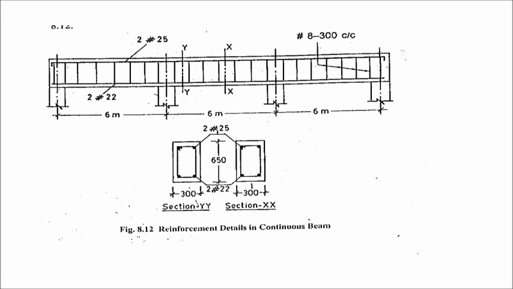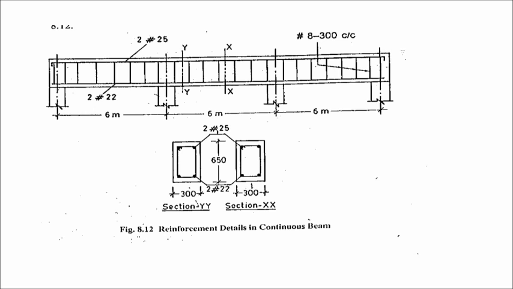After completion of the design of the continuous beam, we draw the reinforcement details of the continuous beam. This is the beam with 3 spans and 4 supports. The horizontal reinforcement is 2 bars of 25 mm and the vertical reinforcement is 2 bars of 22 mm.